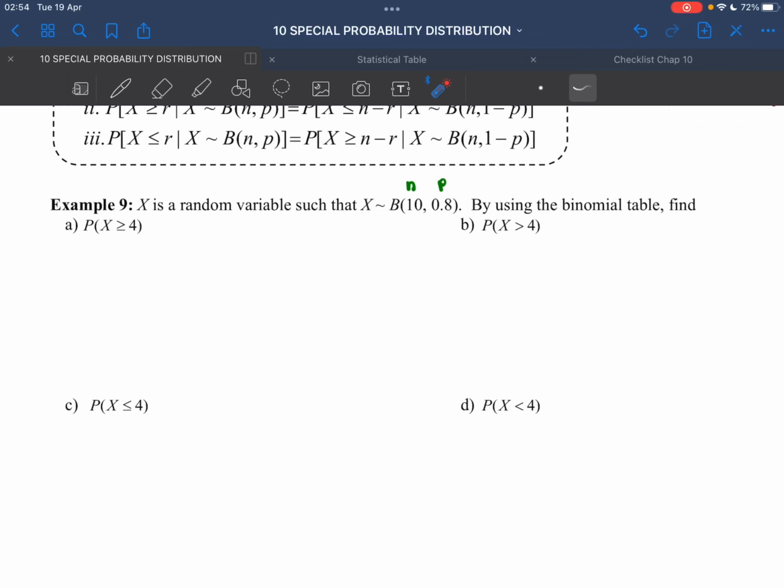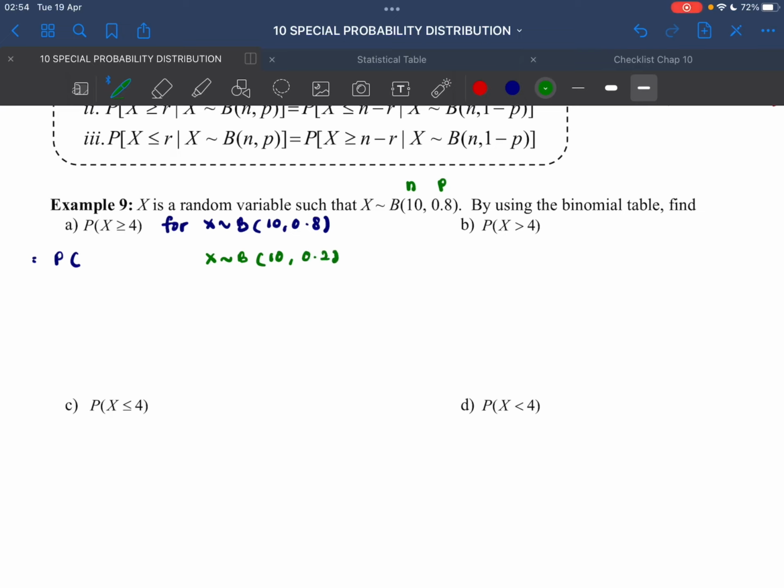So the original distribution is X with n equals 10 and p equals 0.8. So now we have to change. The first question asks P(X greater than or equal to 4) for the distribution given, 10 and 0.8. Since p is greater than 0.5, we have to change the distribution to X binomial, the n stays, and this will be 1 minus 0.8, from success 0.8 to failure, which is 0.2.